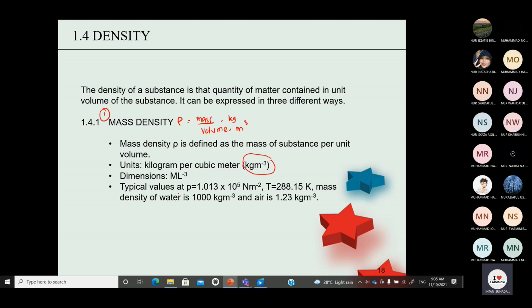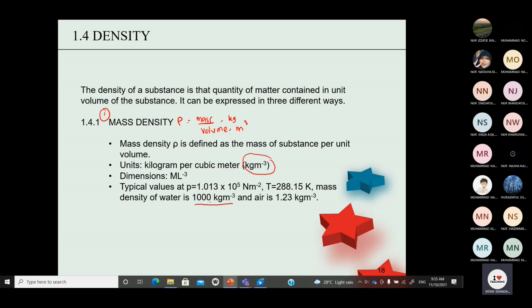So typical values at this pressure and temperature: mass density of water is 1000 kg per meter cube. This one should be in your head, alright?